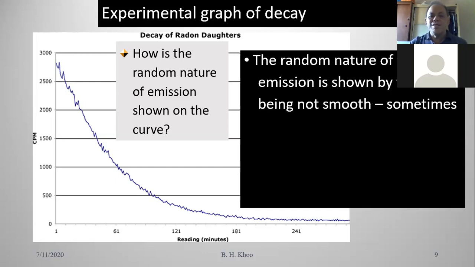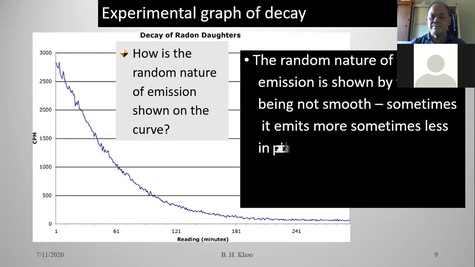Because it's random in nature, sometimes it may throw out this way, sometimes it may throw out that way, sometimes it may throw out more that way, or no fixed way. So when we put a detector to measure, we measure in only one direction. Right? That's what I mean by random.